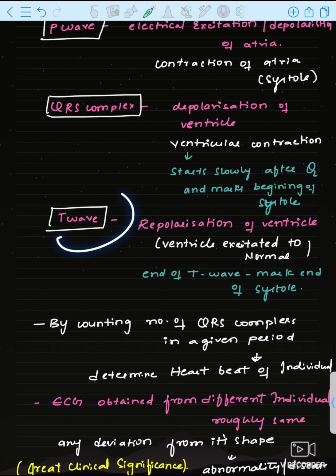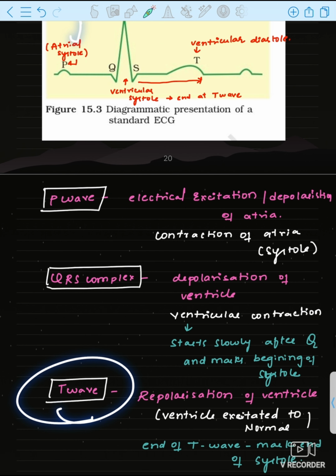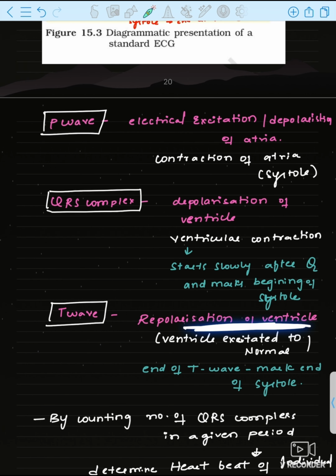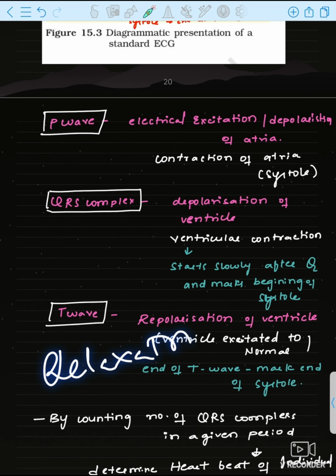See, the QRS is depolarization because contraction is occurring. But ventricular diastole means repolarization. Repolarization of ventricle. Ventricles are excited to normal. They come back to normal. That is, relaxation of ventricles will occur.